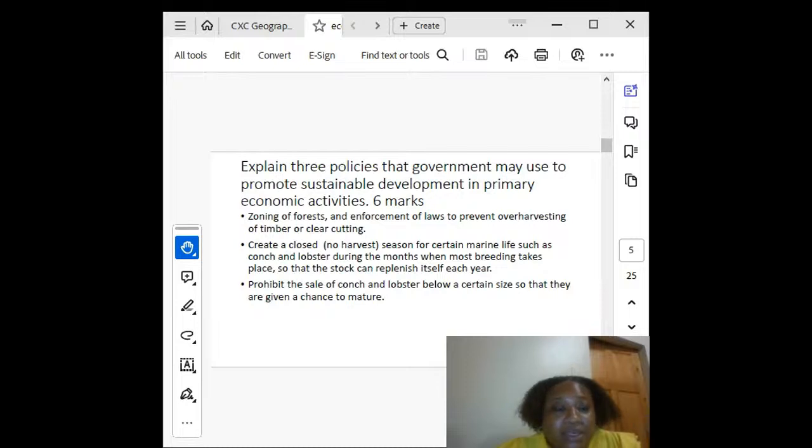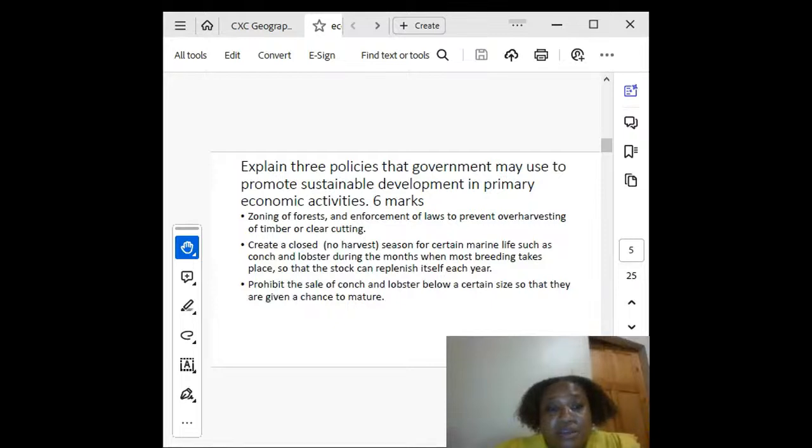You ban illegal practice. You ban or put a ban on certain types of practices like trawling, which is the scraping of the bottom of the ocean, right, with these large huge nets because they're going to pick up everything. So you ban trawling, dynamite fishing, destructive fishing practices, like also gill nets. So you want to ban those things.